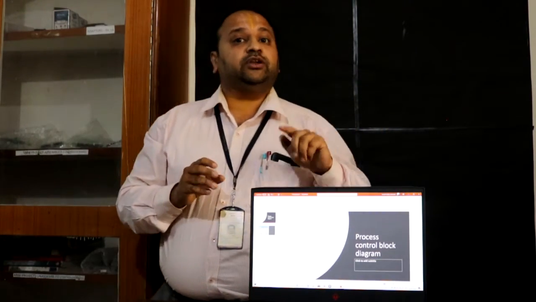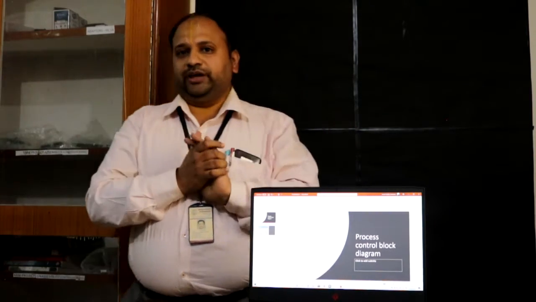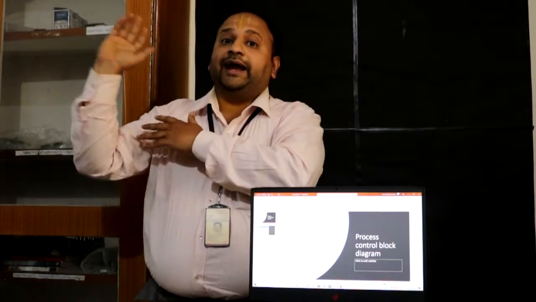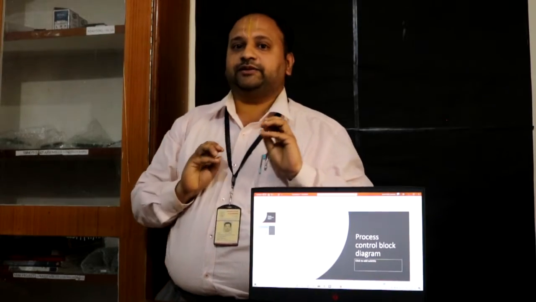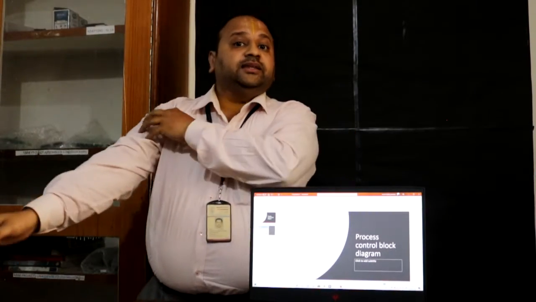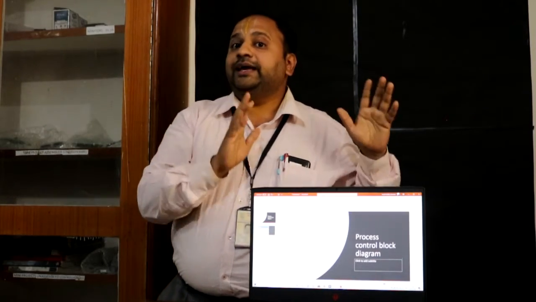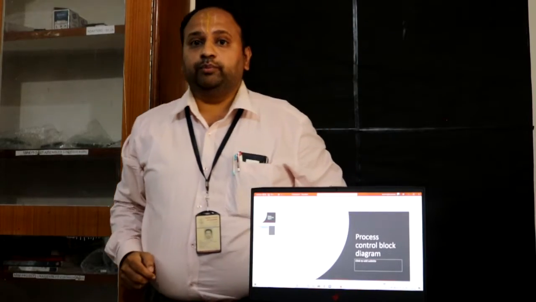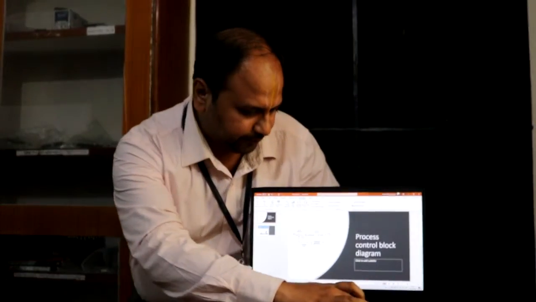Once the error becomes 0, that is the number of whistles is equal to the count value, she is going to switch off the flame by using her hand. The hand is acting as an actuator, and the fingers are acting as the final control element. This hand, that is the actuator plus final control element, is the final control operation that we have shown in our block diagram.